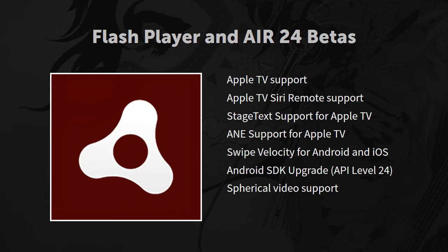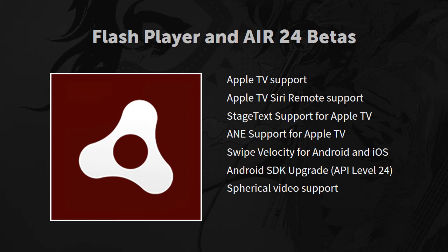In terms of Air, there's enough new stuff inside of Air 24 to warrant two different slides here. There's Apple TV support. You can think of this as an entirely new platform, even though it is technically kind of iOS-ish. It's still a new platform, similar to what we saw with Android when they started supporting both Intel and ARM processors.